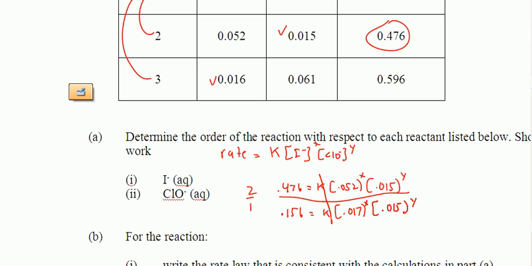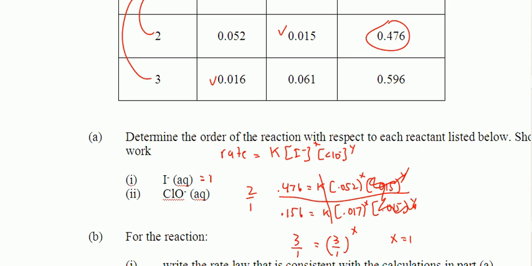The k's cancel. We are left now with 3 over 1 is equal to 3 over 1 raised to the x power. So the order is 1 for I.